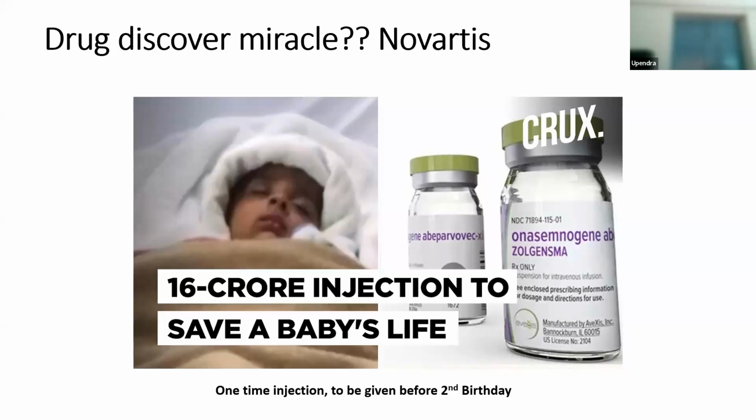Then there are mutations where they can survive, where the protein is abnormal or not working efficiently, right? So this drug was designed so that where the protein is not produced, the protein will start being produced.